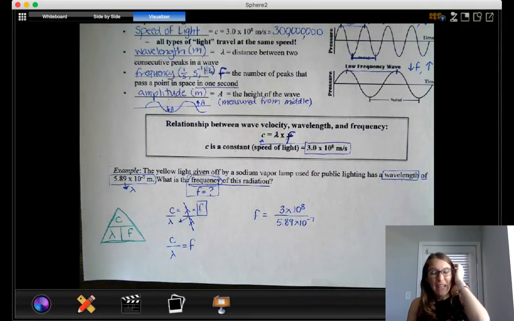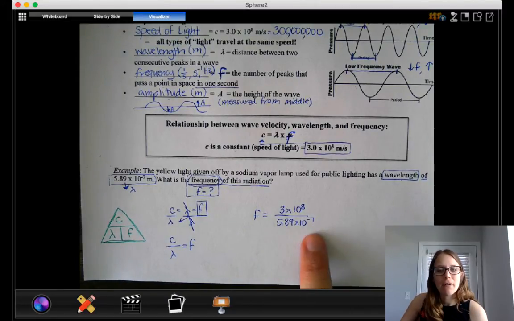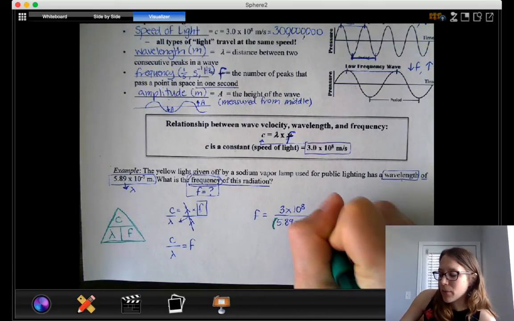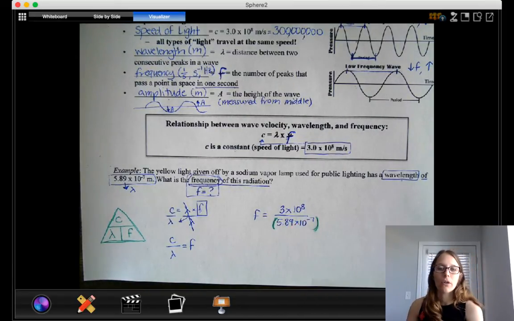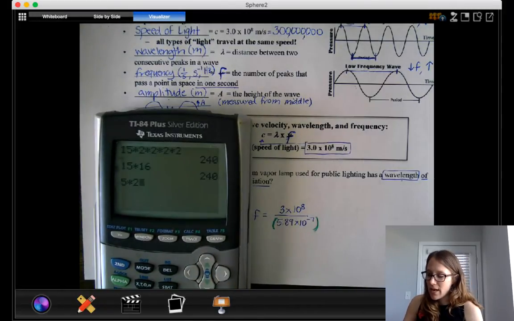Okay. The biggest thing to do when you're plugging this in your calculator to make sure you get the right answer is on the bottom, if you ever have an exponent, you have something that says times 10 to the power of, this has to be in parentheses in order to have it come out correctly in your calculator. So here's my calculator. I'm going to go ahead and type this in.